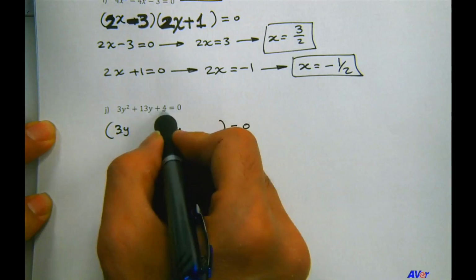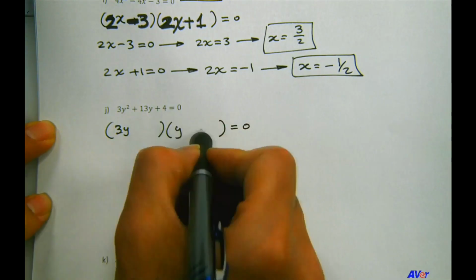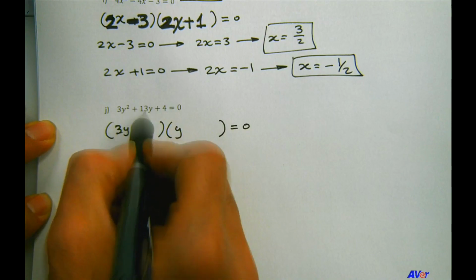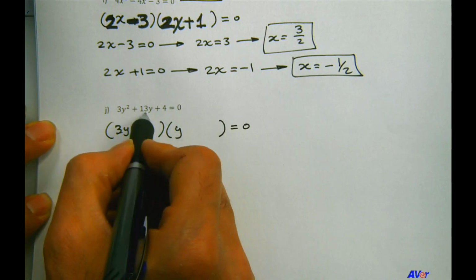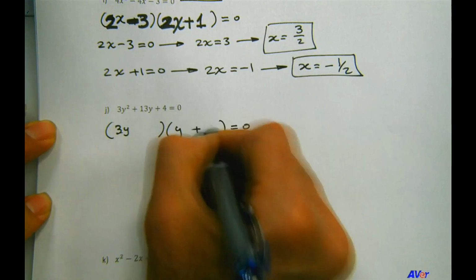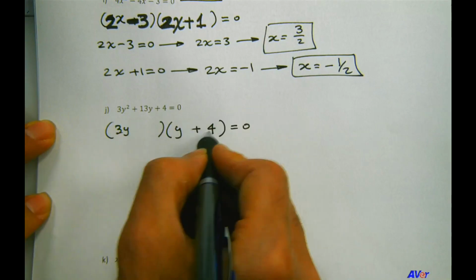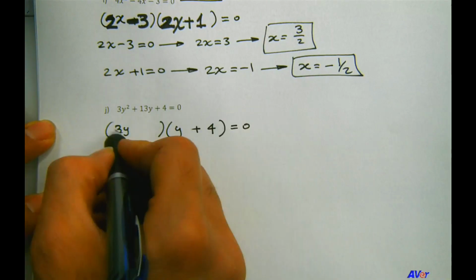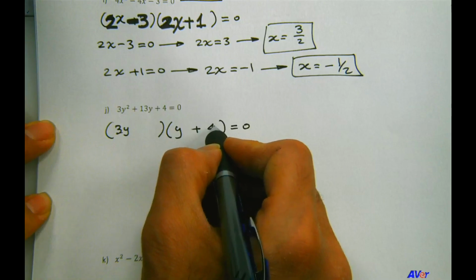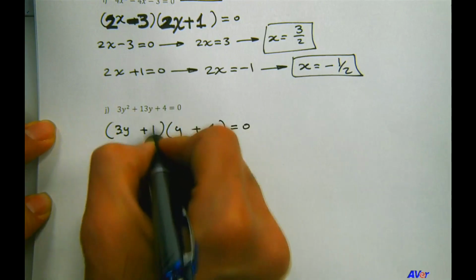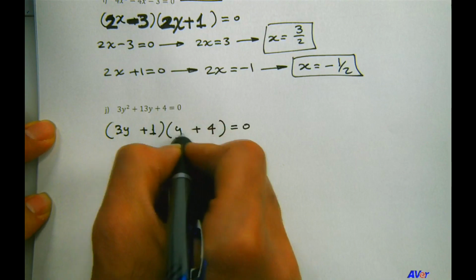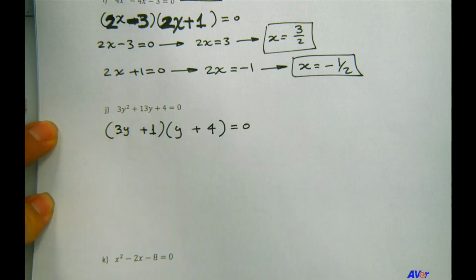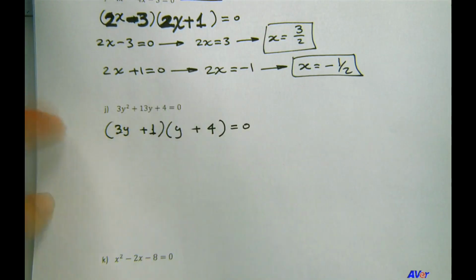How are we going to get 4 as the product of two terms such that the y terms add up to 13y? If I put a 4 here, 3y times 4 is 12y, and I need a 1y, which is 1 here, times y, it's going to give me 13y. 1 times 4 is 4, so it'll work out.